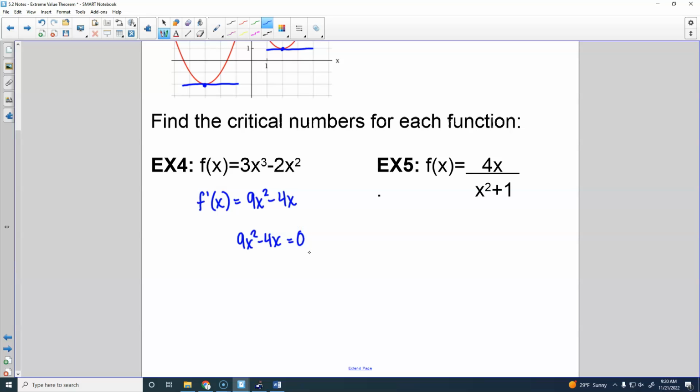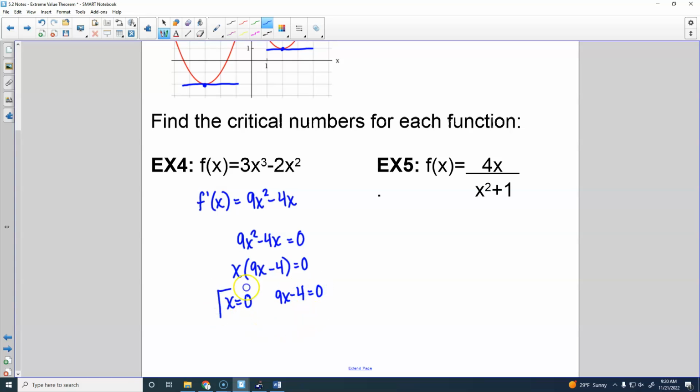How do I solve that? Factor out an x. So I get x times 9x minus 4 equals 0. Then each factor is set equal to 0. I'll get x equals 0, and I'll do 9x minus 4 equals 0.